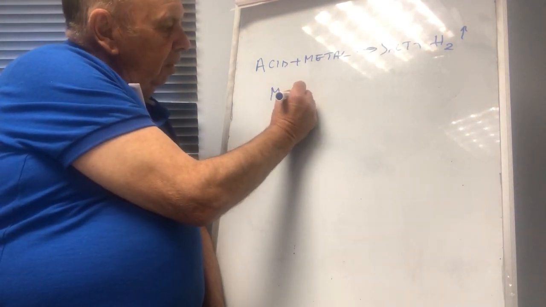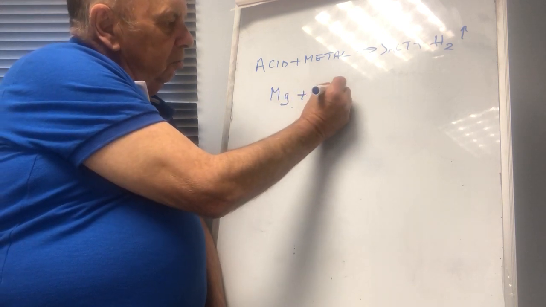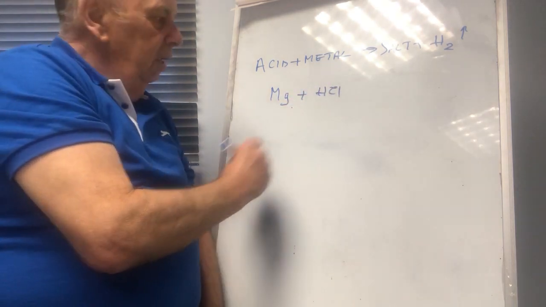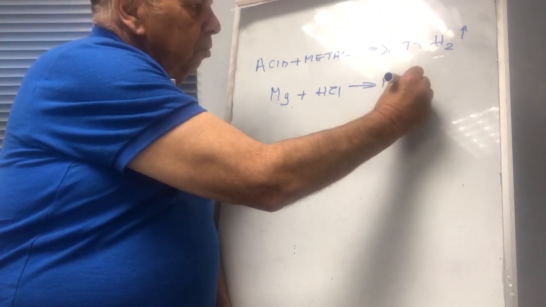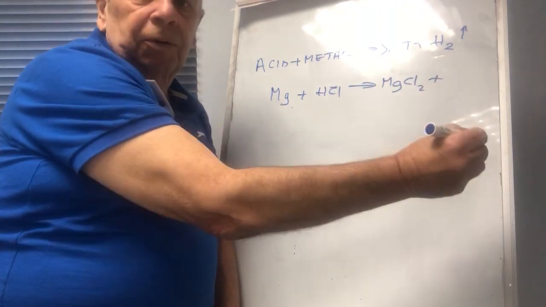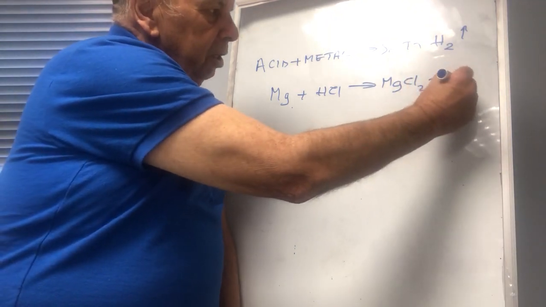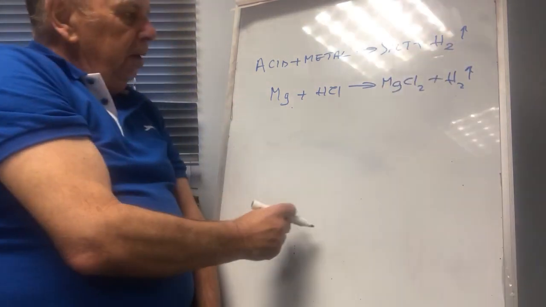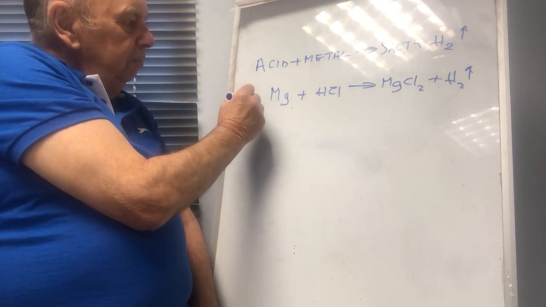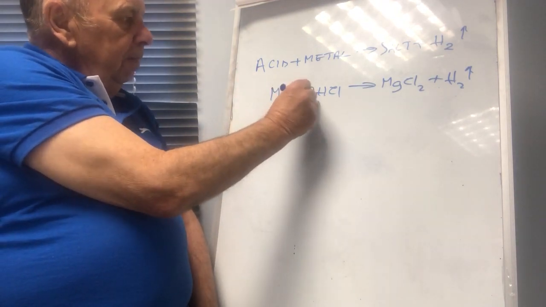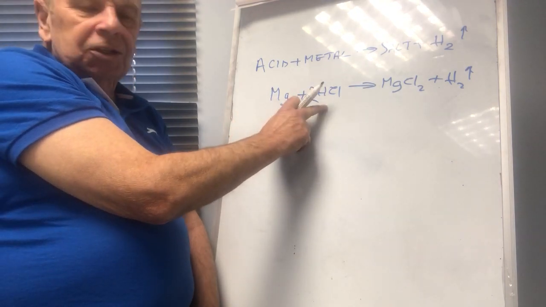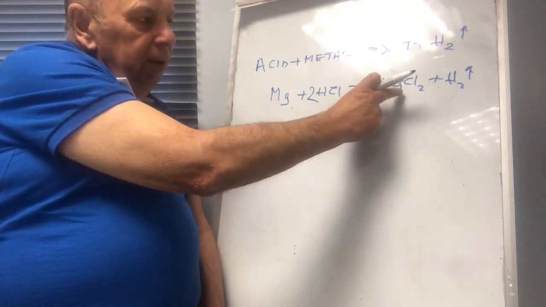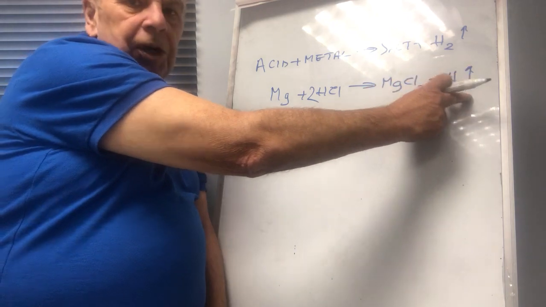Magnesium reacting with hydrochloric acid forms magnesium chloride and liberates hydrogen gas, H2. I just balance that up now. So magnesium reacts with hydrochloric acid to form this salt, magnesium chloride, plus hydrogen.